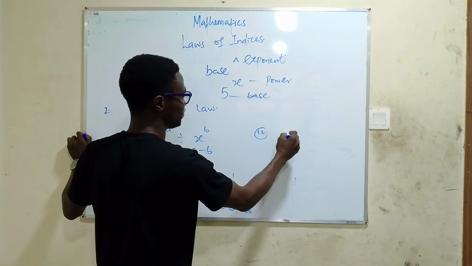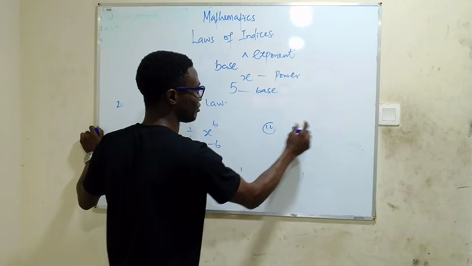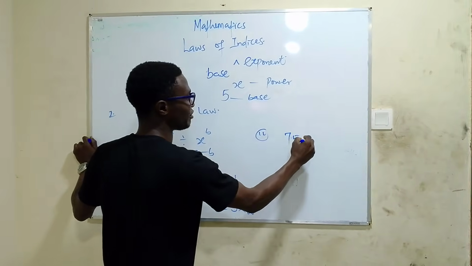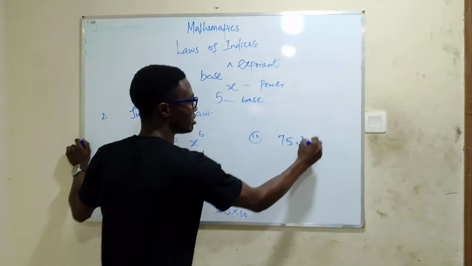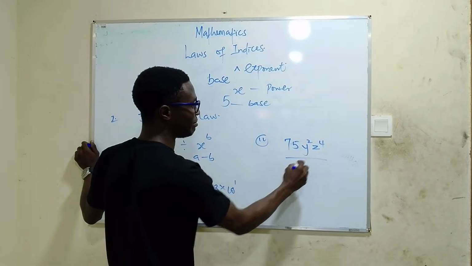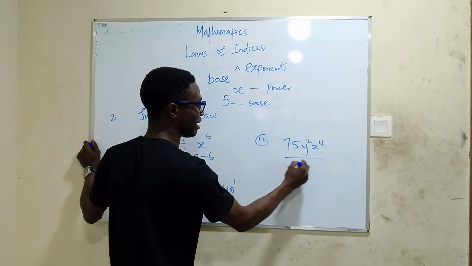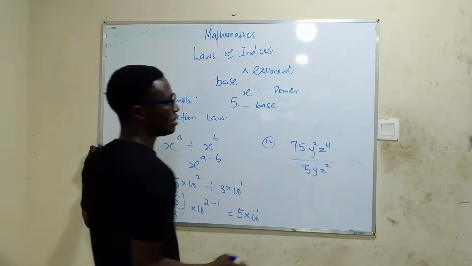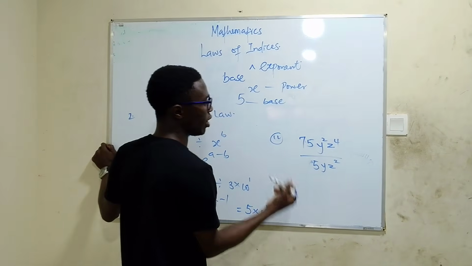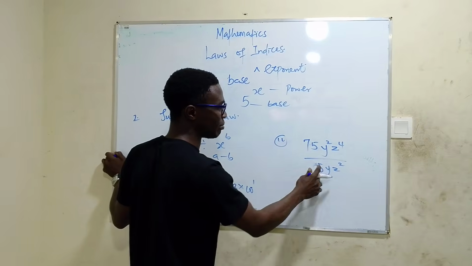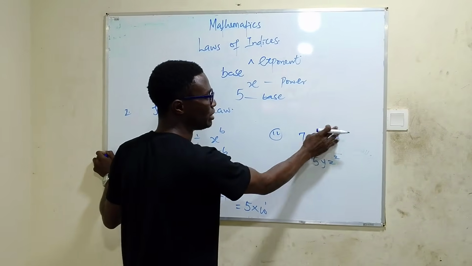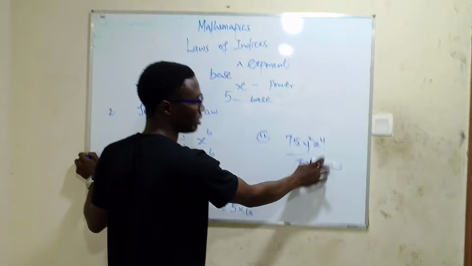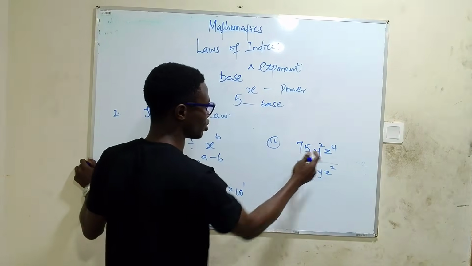Another example: let's say we have 75 y raised to power 2 z raised to power 4 divided by 5 y z squared. In this case, what we need to do is divide the numbers separately and apply the indices law of division, the subtraction law rather.